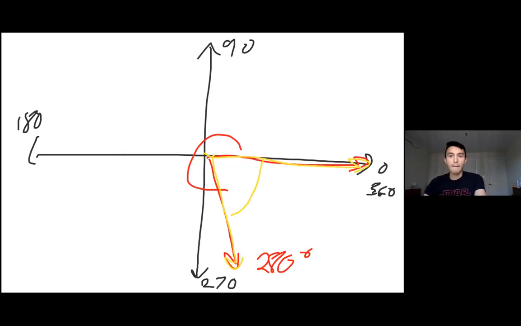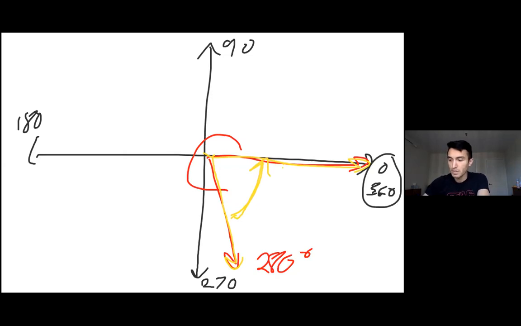Well, in this case, now you're figuring out what's left of 360, because to get from 280 back to the x-axis is back to 360. So you're saying, okay, if I was at 280, how do I get back over here to this area, which is 0 and also 360?